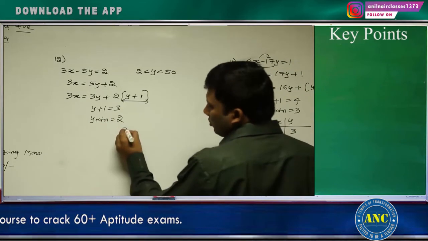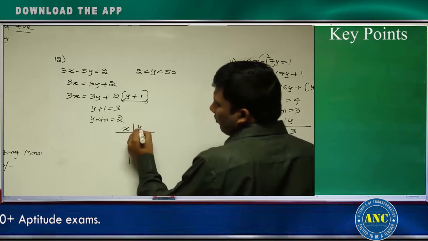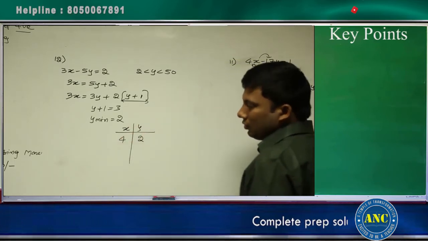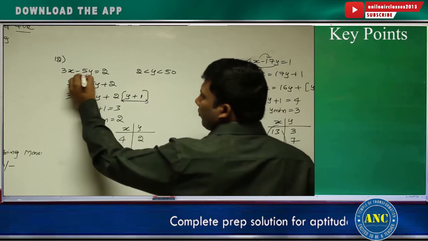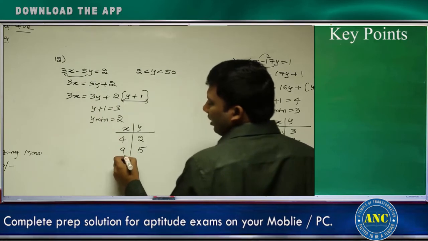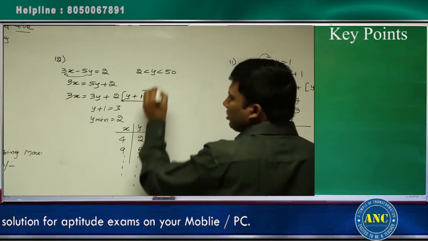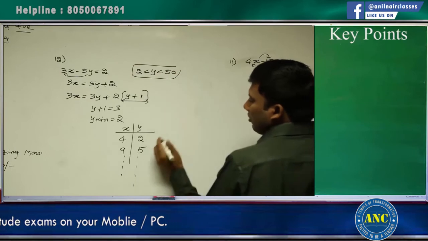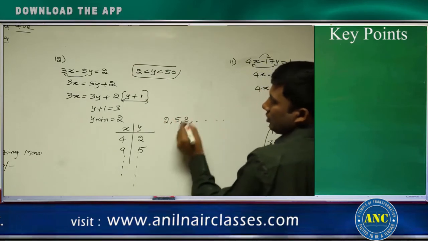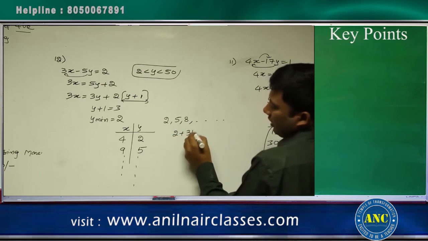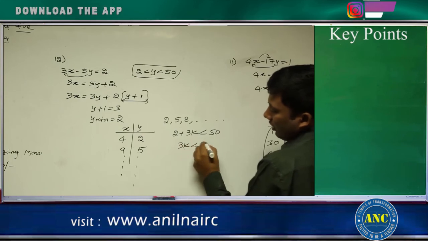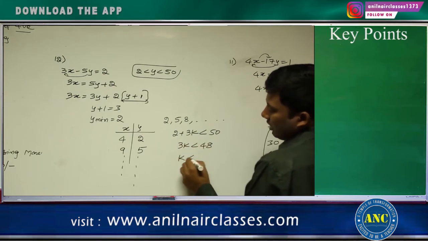If y is 2, 3x equivalent to 12, so x will be 4. Y is increasing by 3, to 5, and x increases by 5, to 9 and so on. Restriction is on y. What is the nature of y? 2, 5, 8 and so on. So 2 plus 3k, am I right? Less than 50, 3k less than 48, k less than 16.